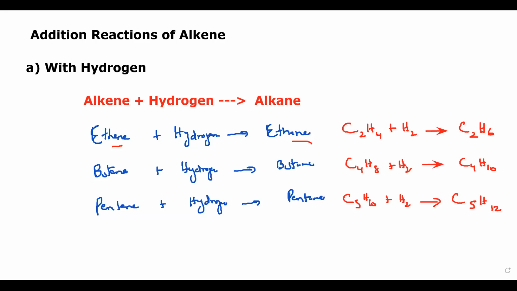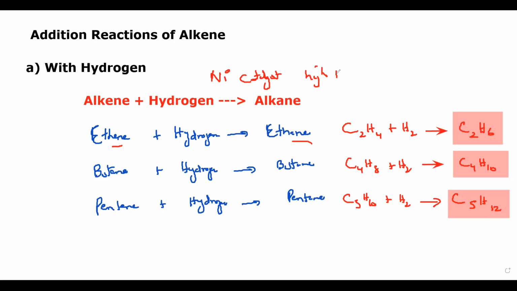Why is it called an addition reaction? Whenever small molecules combine together, they form only one, larger molecule. That's why we call this an addition reaction. And you have to learn the reaction conditions. For this reaction, we use nickel as a catalyst, and we use a high temperature.